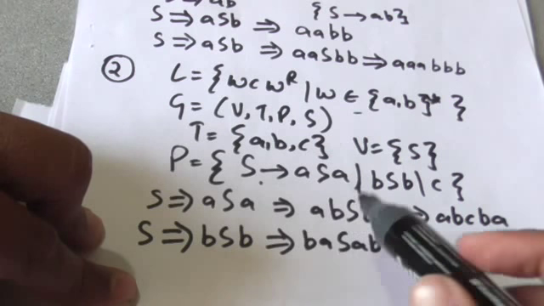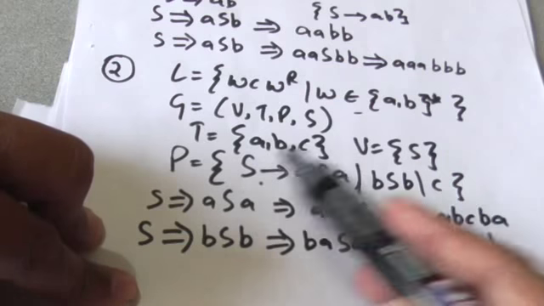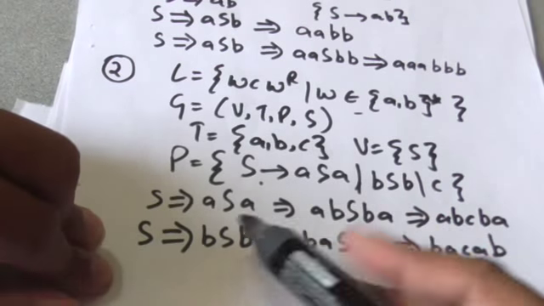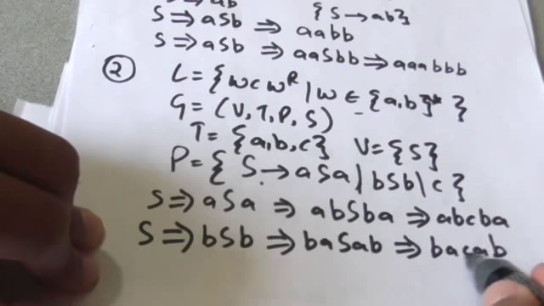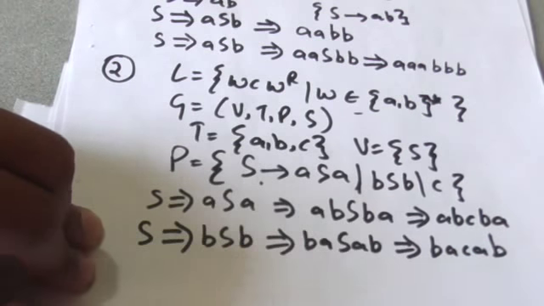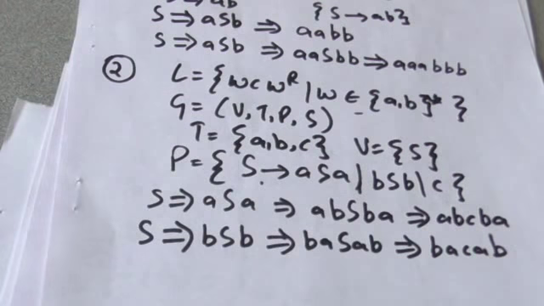Now here we have applied the production rule S derives c, so S is replaced by c. So in this way we have derived this string bacab from start symbol S by using production rules.